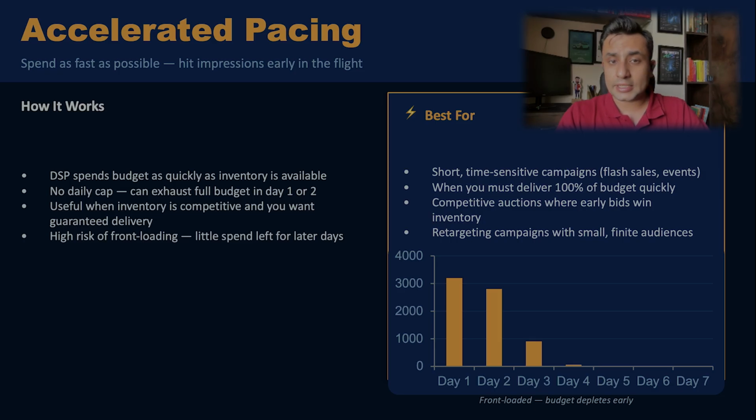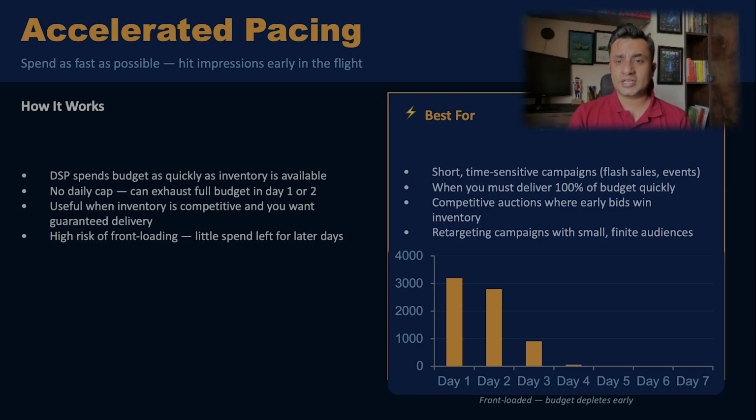What is accelerated pacing? Accelerated pacing basically means spend as fast as possible. You need to hit impressions early in the flight. It is good for campaigns which are short-flight. Short, time-sensitive campaigns like flash sales and events. A Black Friday sale is coming up, and it's just a 2 to 3 day campaign which you are running. You can opt for accelerated pacing like ASAP pacing.